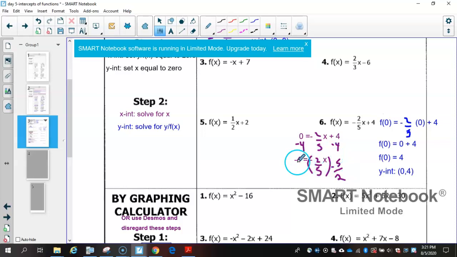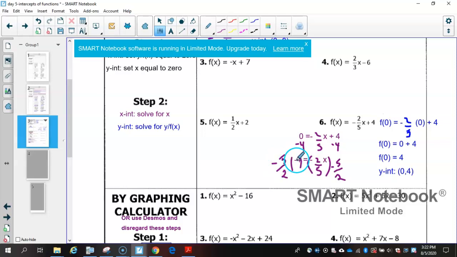But what you do to one side, you have to do to the other. Those are supposed to be parentheses. So when I multiply -5/2 times -4, I get +20.